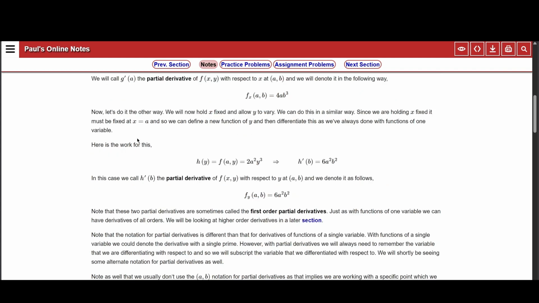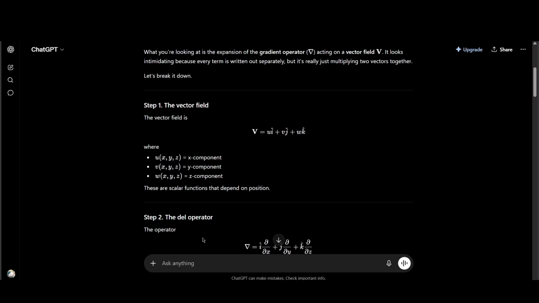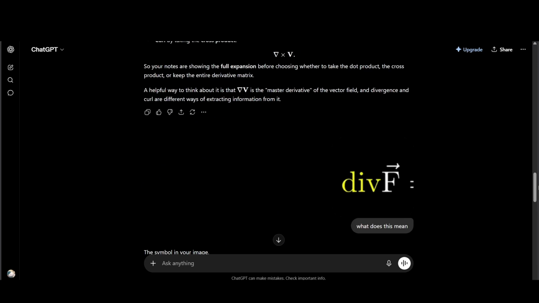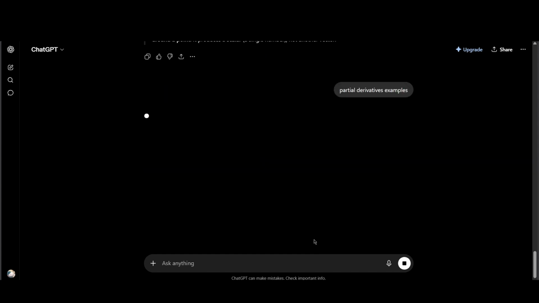Okay, it's basically just changing the variables. We can see right here that he changed y to b and then he changed x to a. So it's basically just x and y. So we call it g prime of a.